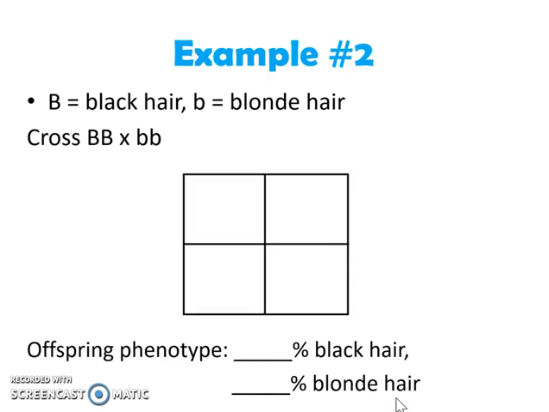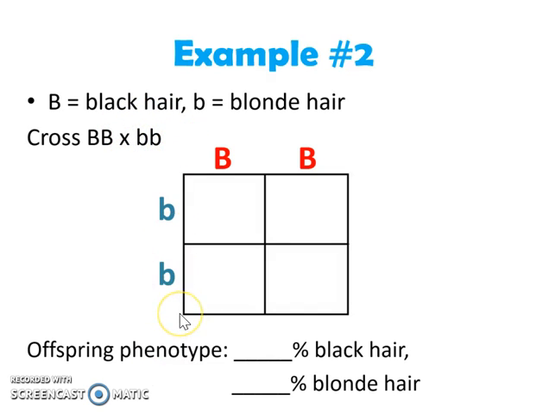All right, example number 2, we have big B times little b. So let's say this is dad and this is mom. Capital B represents black hair, lowercase b represents blonde hair. Let's move this parent to the top. This one is represented in red. And then we're going to have mom over here to the left.